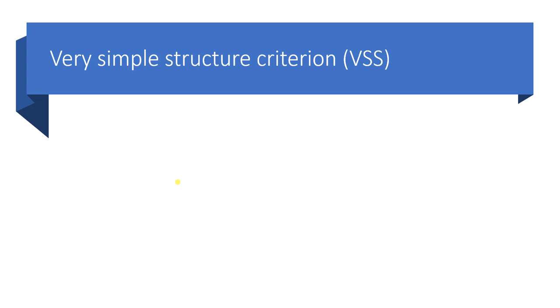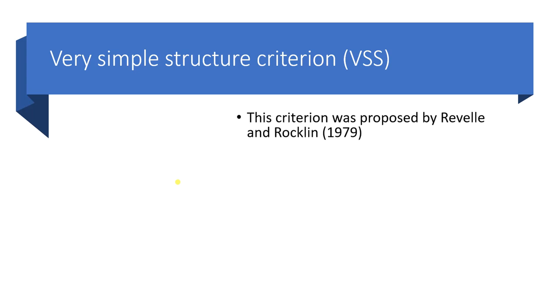Another method proposed by Revelle and Rocklin in 1979 is called VSS, the very simple structure criterion. And recall from my previous lecture the concept given by Thurstone, the simple structure.